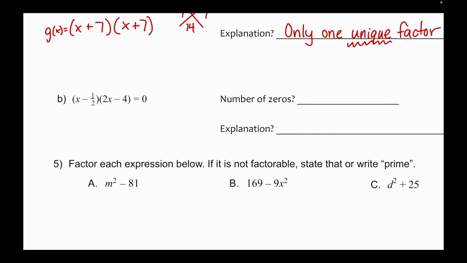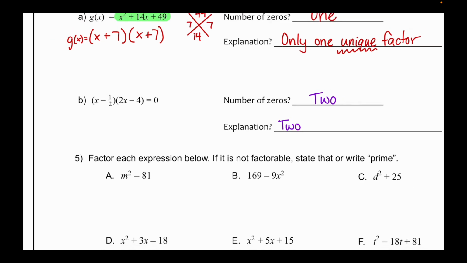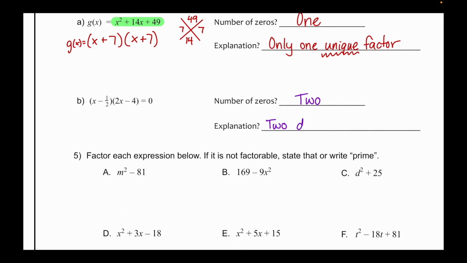That is dependent on the number of unique factors. And for us, that means 2, because there are 2, and I'll write different on this one, 2 different, and I can say unique factors.